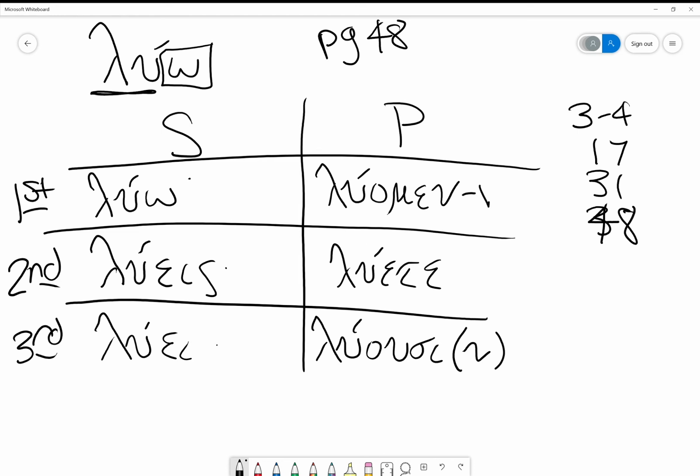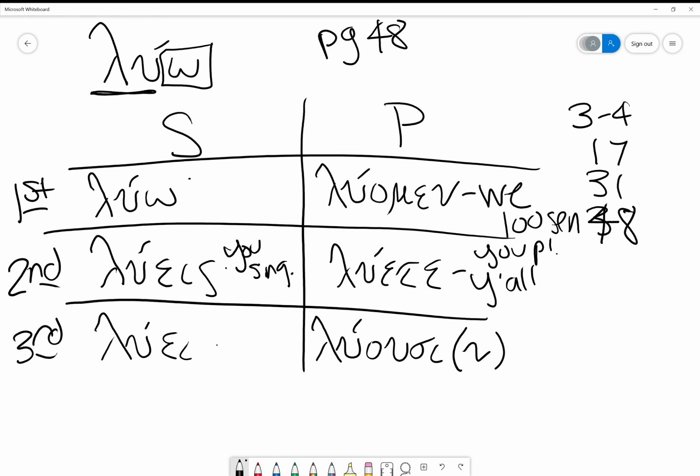This would be we loosen. And then here, second person, Greek makes this distinction, English does not always. So this is you singular, and this is you plural, or y'all loosen. This is multiple people that we are talking to that are doing the action, okay? And then third person, this would be just they loosen, okay?